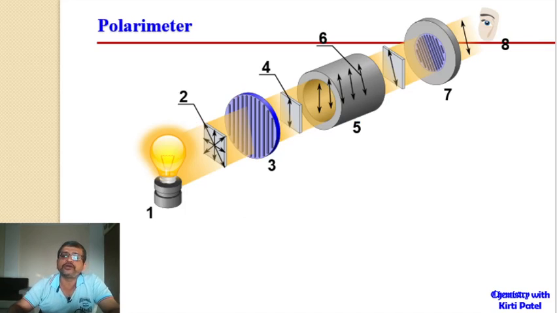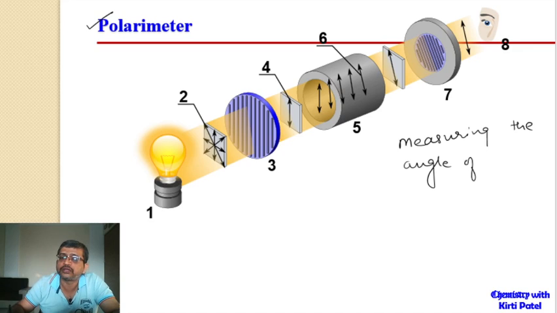Now when this plane polarized light is passed through a sample, this is our setup for a polarimeter. A polarimeter is used for measuring the angle of rotation caused by optically active materials.